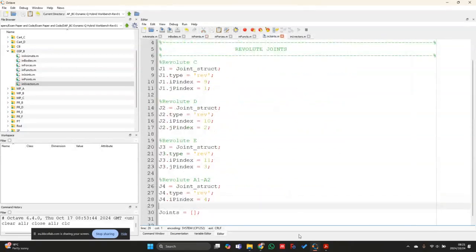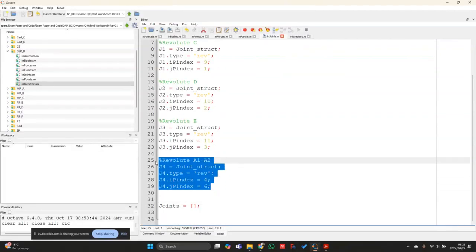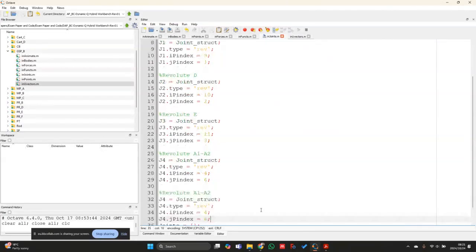So I'm just going to say 4, J4, that JP index is 6. Okay, so if I'm fairly confident in the way that I specify the previous, I'm just going to copy some of these over, and then I just have to remember to update the naming. So A1, A3, and then this one we can make B1, I think this would be B4.